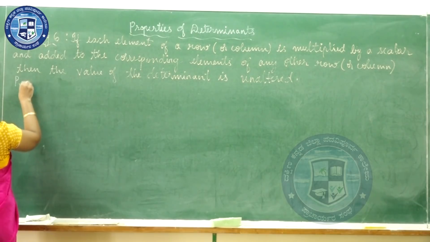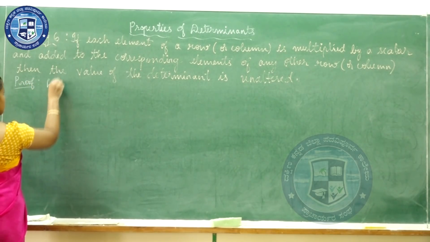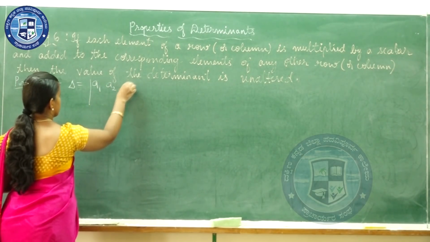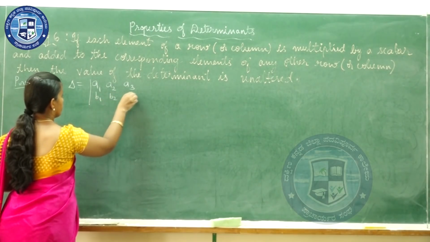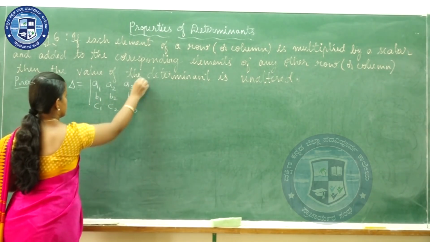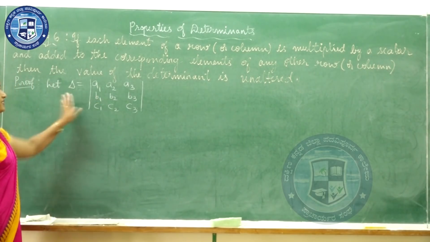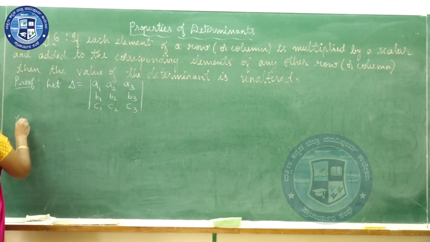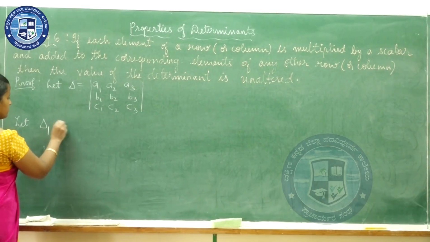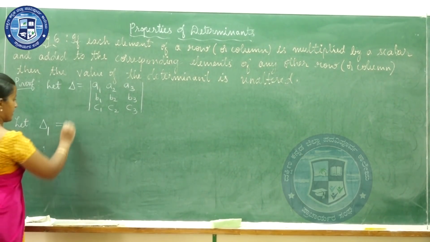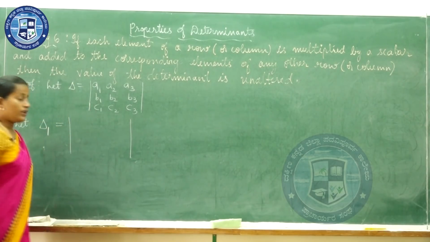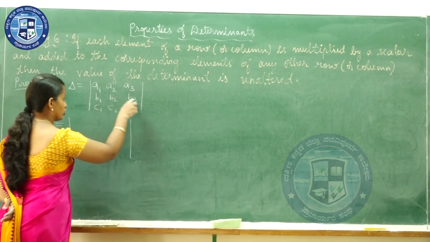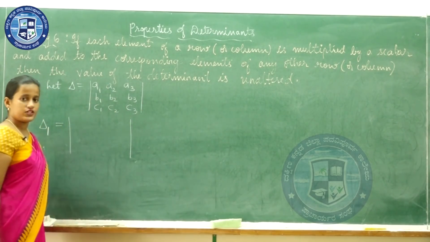Proof: let delta equal to A1, A2, A3, B1, B2, B3, C1, C2, C3. Okay. Let this be as it is. You need not even expand this. Keep it as it is. Now, let delta 1 be equal to, this is delta, I am taking delta 1 as, what I am doing is, I am multiplying a scalar k to the second row and I am adding it to the first row.